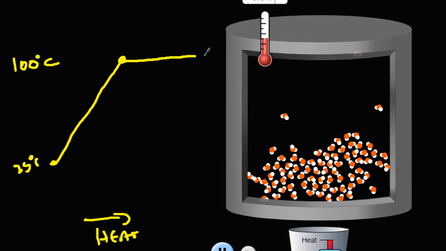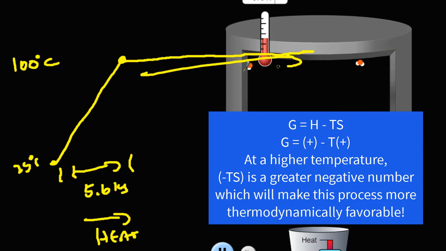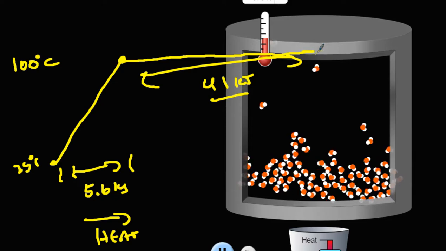Remember, that only took about, what was that again, about 5.6 kilojoules of heat. But then you can see it takes 41 kilojoules of heat to boil all of it.